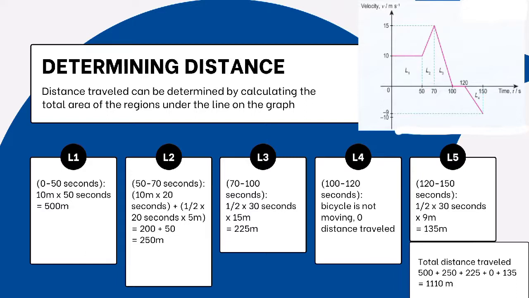For L5, 120 to 150 seconds, 1/2 times 30 seconds times 9 equals 135 meters. So the total distance traveled is 500 plus 250 plus 225 plus 0 plus 135 equals 1,110 meters.